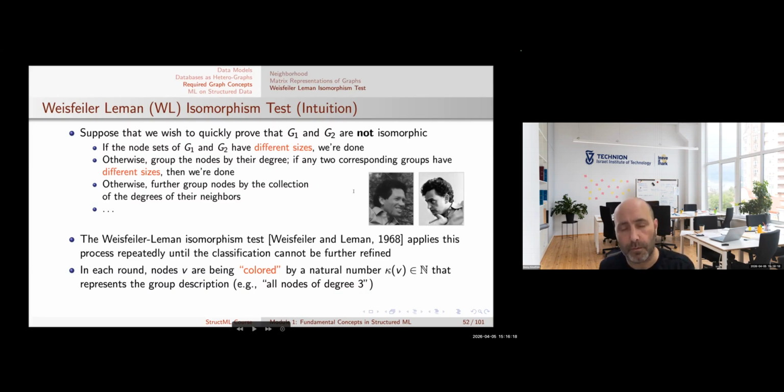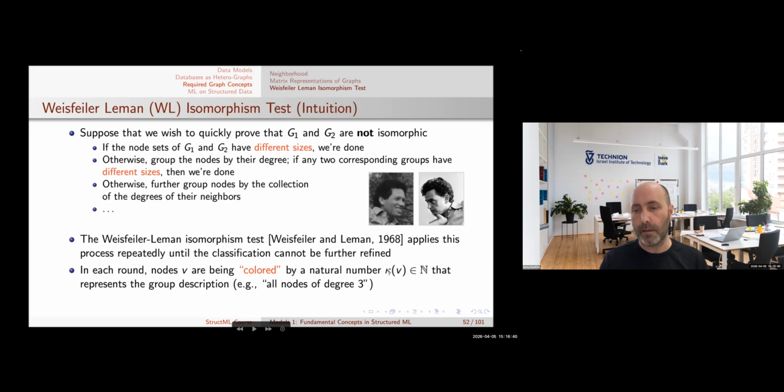We group nodes by colors, or the different way of saying groups is that we color nodes, okay? And nodes of the same color will be considered the same group. Okay, so color, group, I use them interchangeably. And by coloring, I mean that we assign to them a natural number.